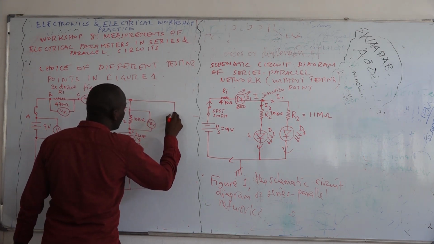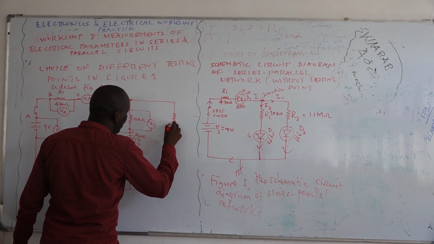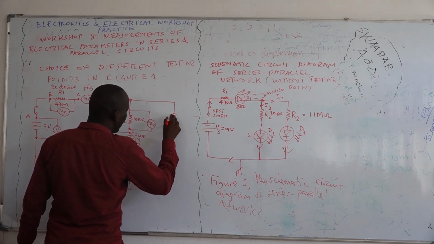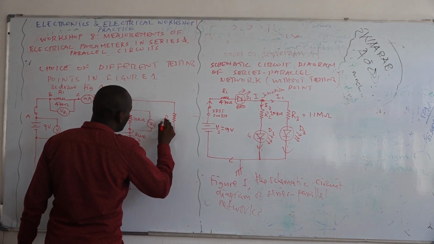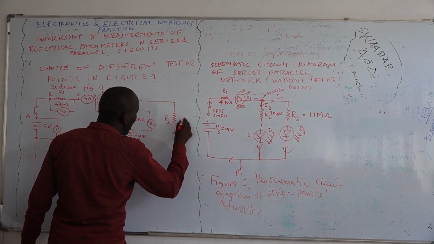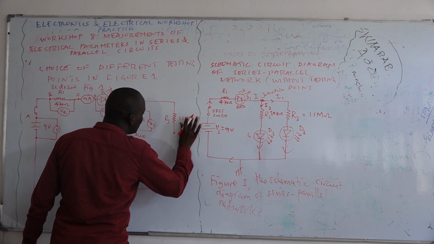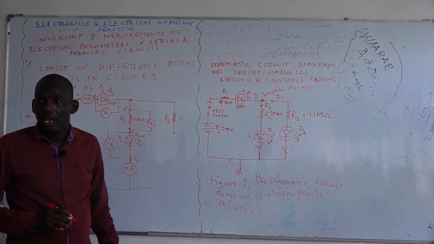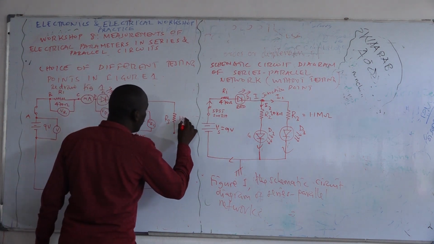Then here we are going to have R3. What is the resistance of R3? 1.1 megaohm.